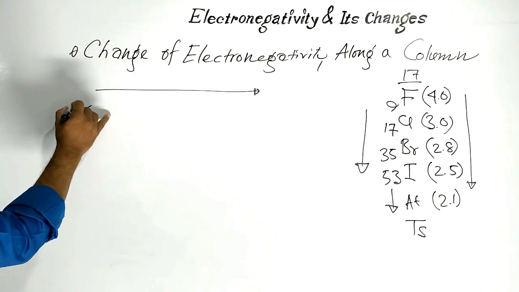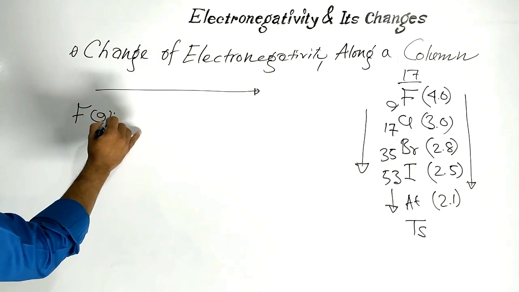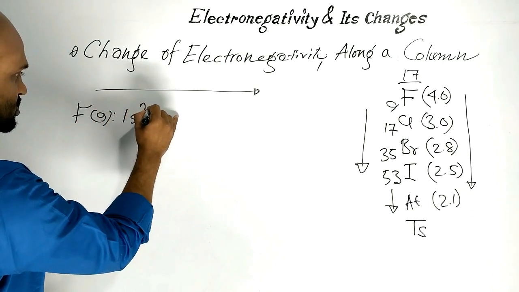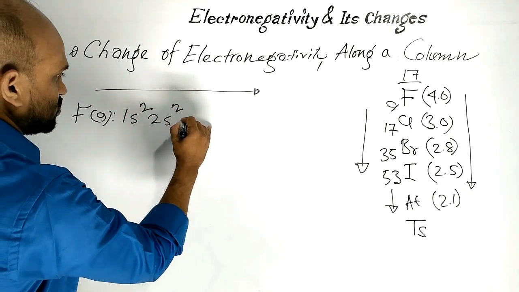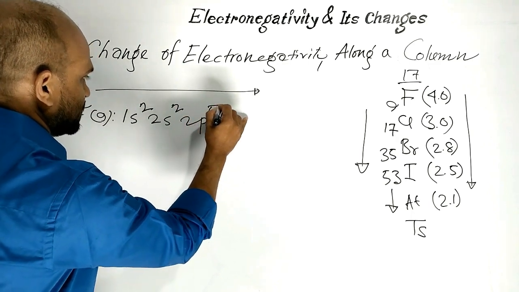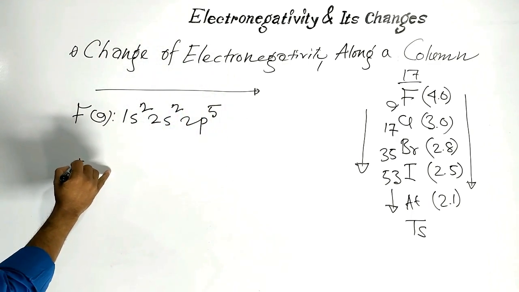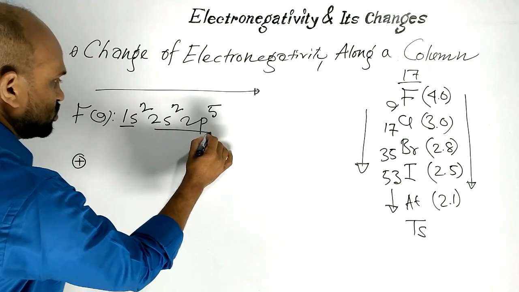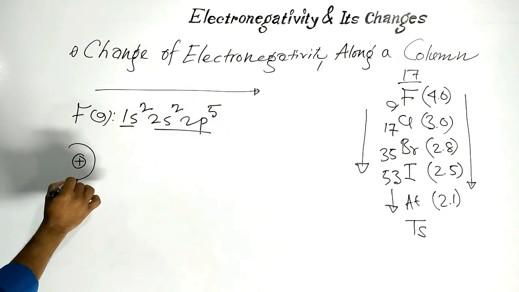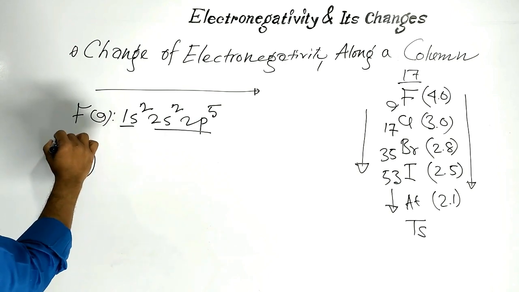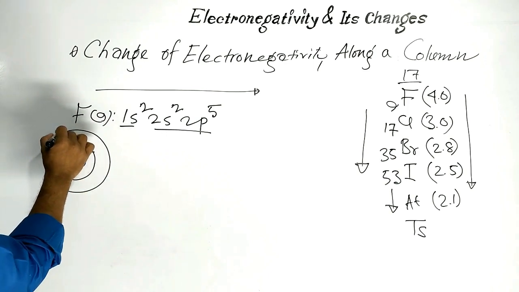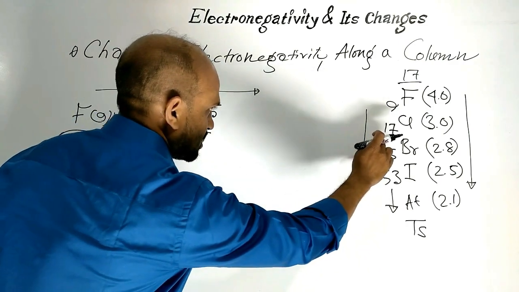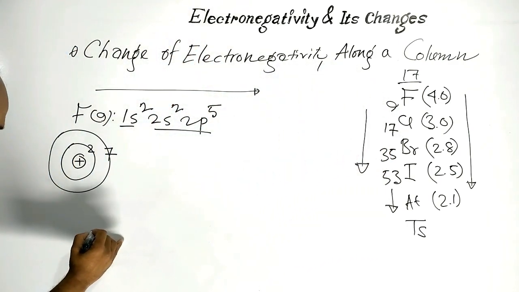Here we see that the electronic configuration of fluorine is 1s2, 2s2, 2p5. That is, fluorine has two shells. The first shell contains 2 electrons, the second shell contains 7 electrons. Let's see about chlorine.